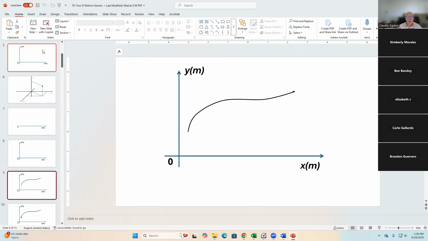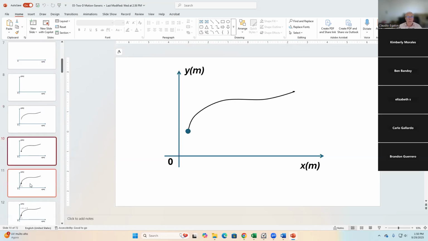So let's say the object moves along this line from this point all the way down to this other point. Here's the initial position of the object, and here is the initial position vector r0 at time t equal to 0. Here are the coordinates of this point, x0 and y0.